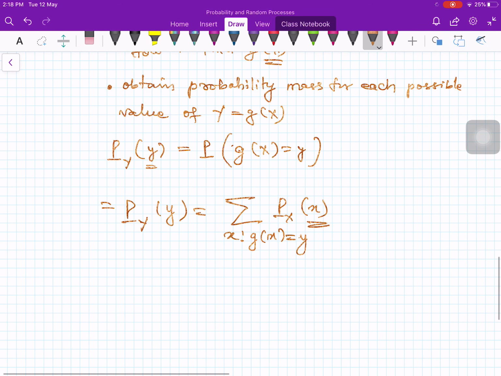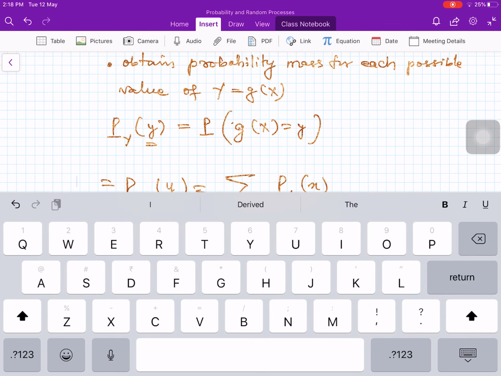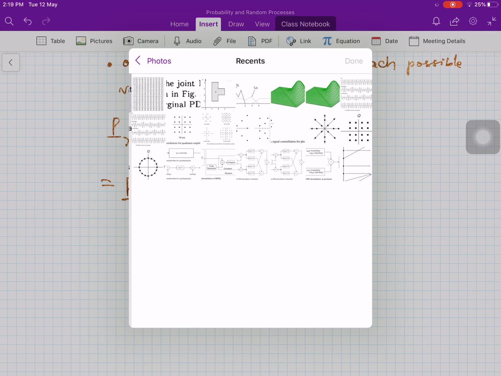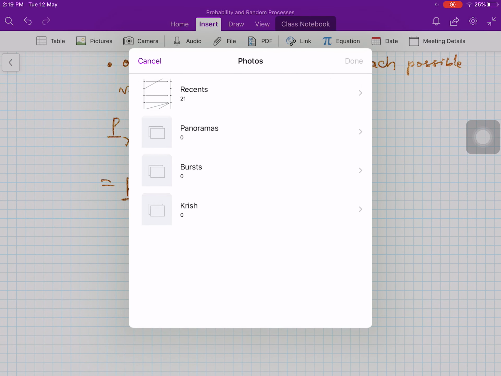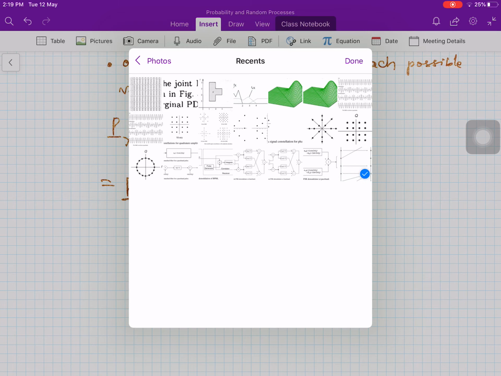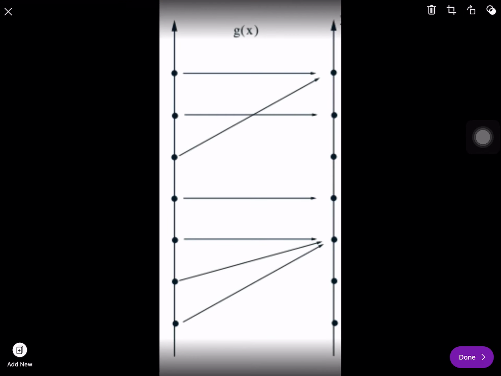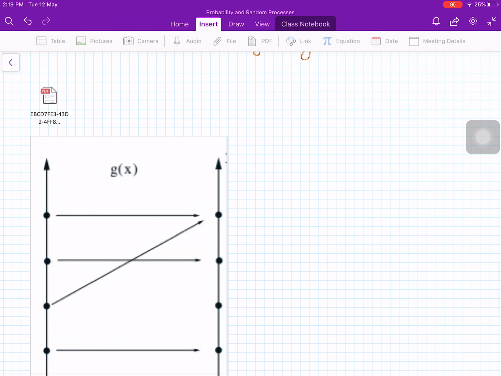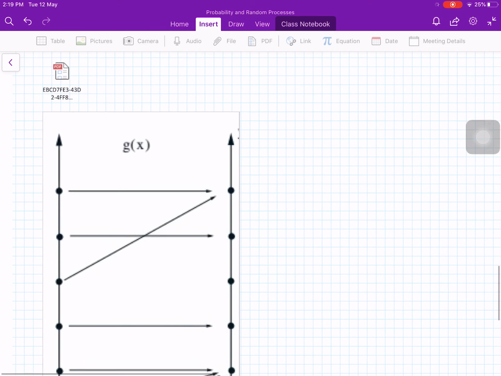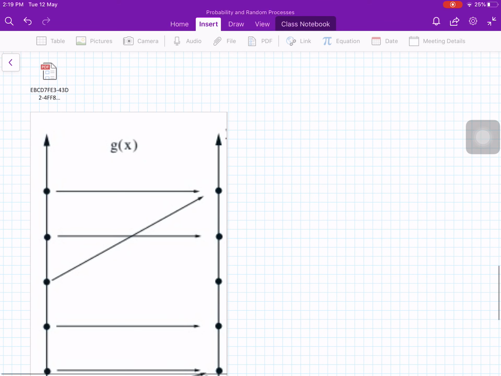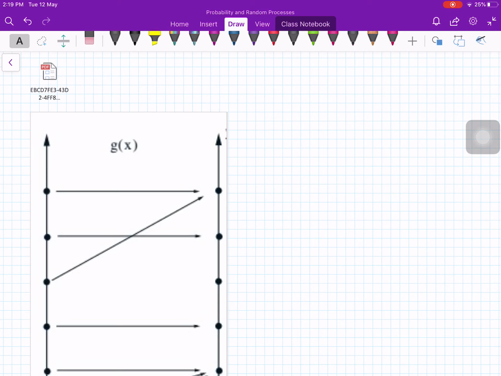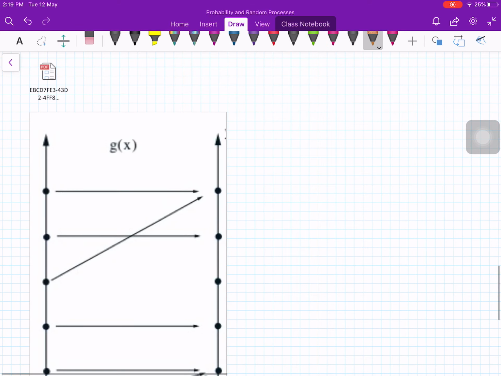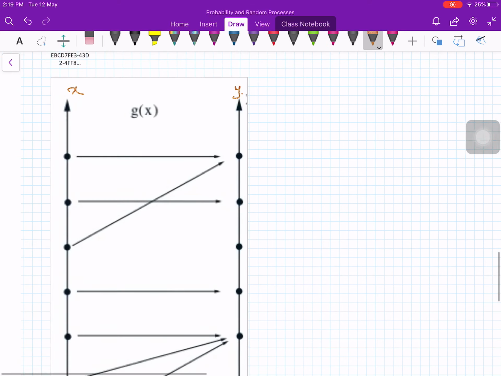Okay, so let me insert a figure for this. So this is my picture to find the probability mass function. This variable is x, and this is y. These are my set of points.